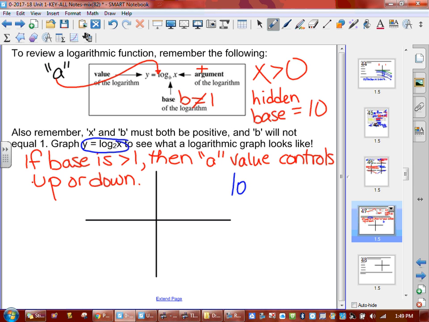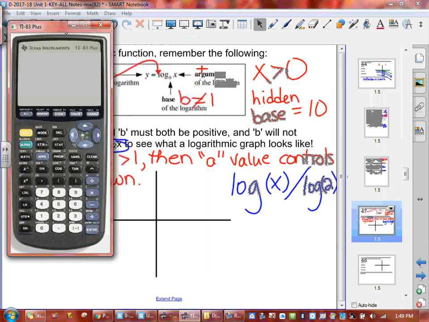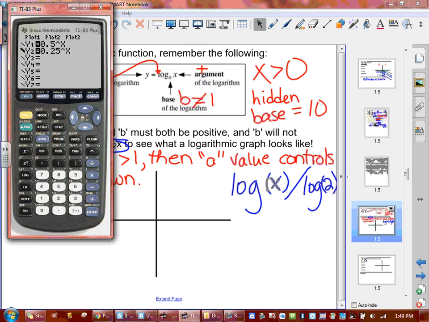So I'm going to type it in my calculator, the way you have to type it in, so that we can see it. So I'm going to my y equals, figure out what I've got in there. Now I'm going to put my log equation in. So I'm going to have log of x, close my bracket, divide by log of, what's my number? 2. Close my bracket. Now I'm going to see what my graph does.